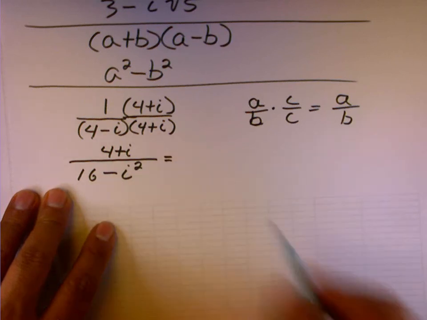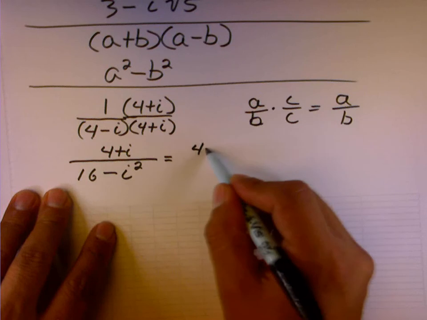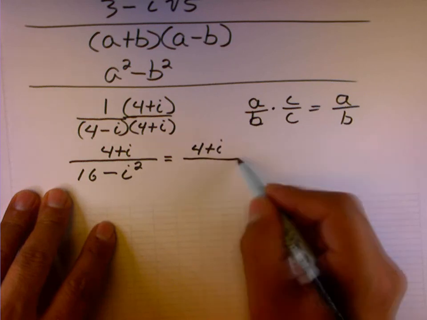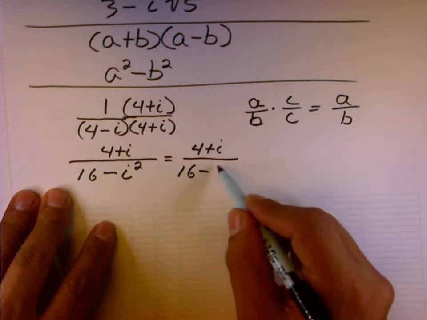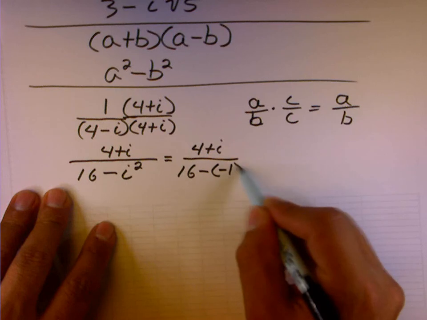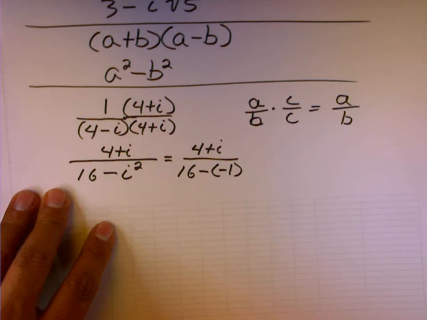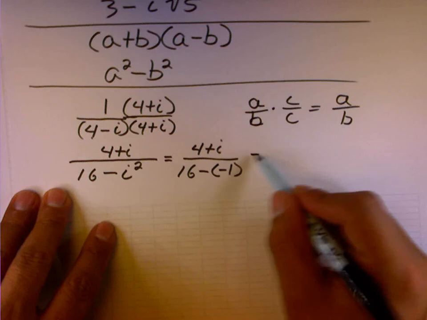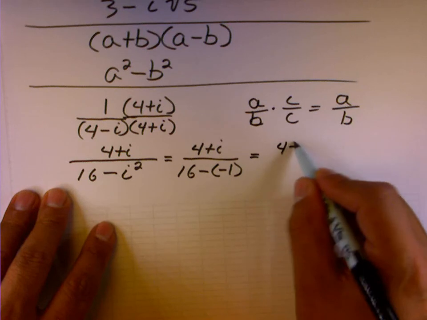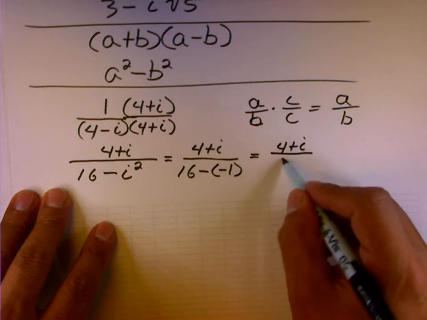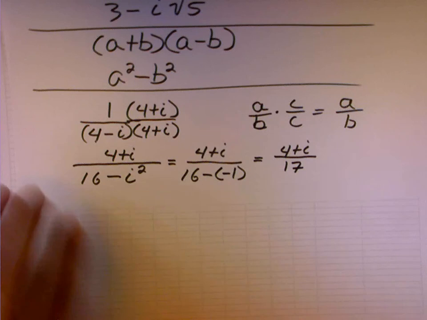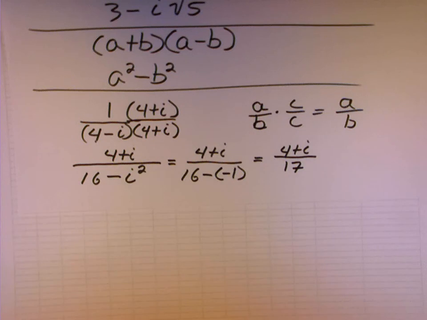I'm going to work from left to right now. The top stays the same. The bottom becomes 16 minus i squared is -1. Leaving me 4 plus i over 17. The last thing I'm going to do is split this into 2 fractions.